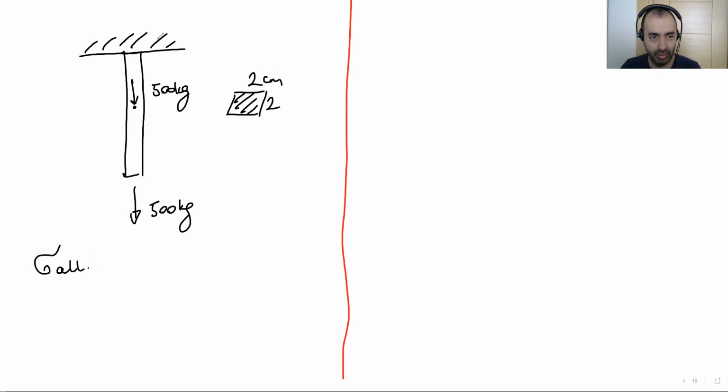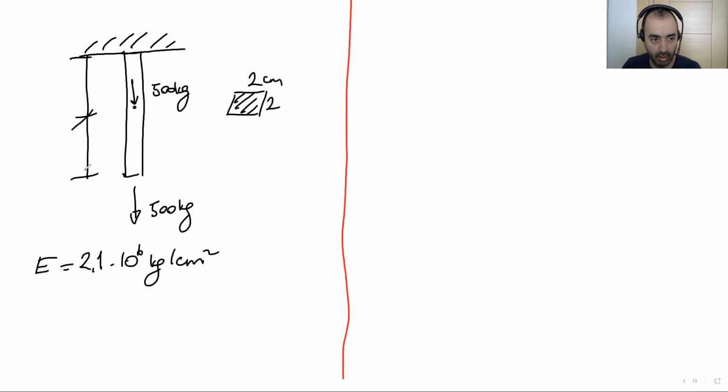I don't need the allowable stress. The question is here total elongation. E here is 2.1 times. Okay, the total length: four meter, 2 meter. Okay.